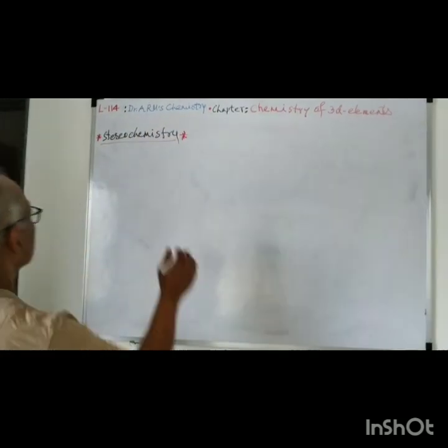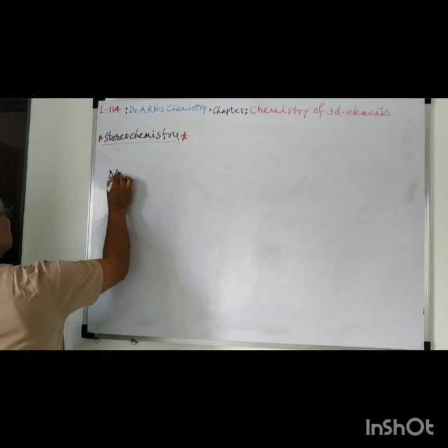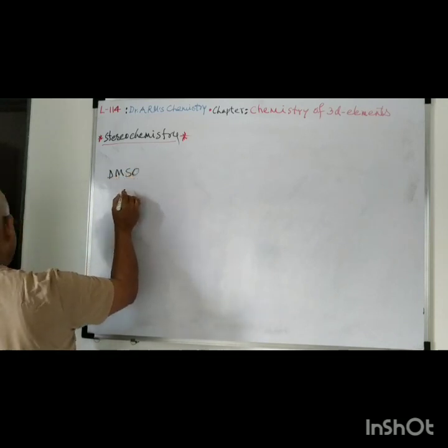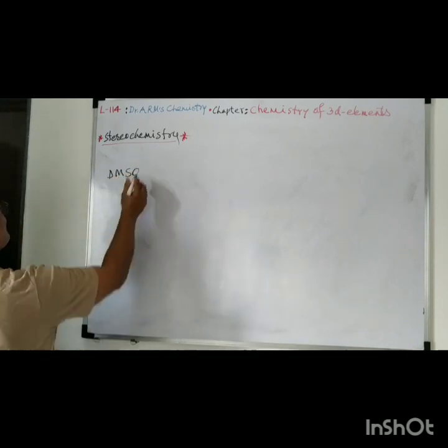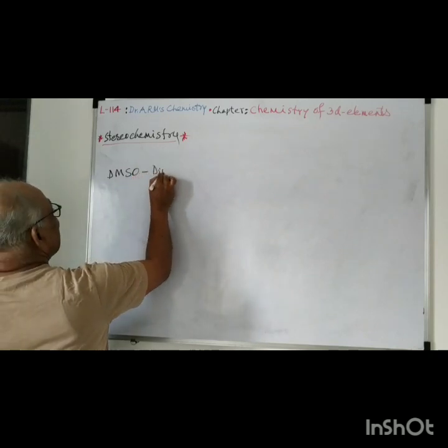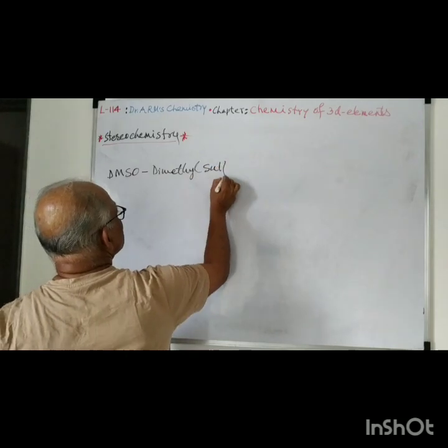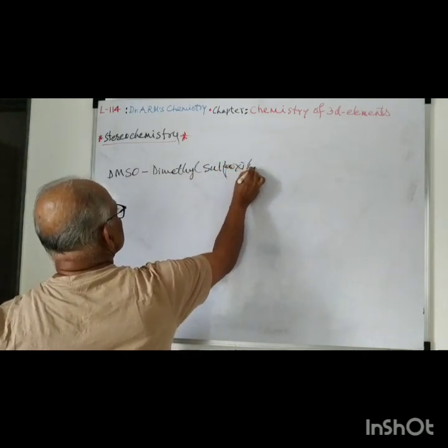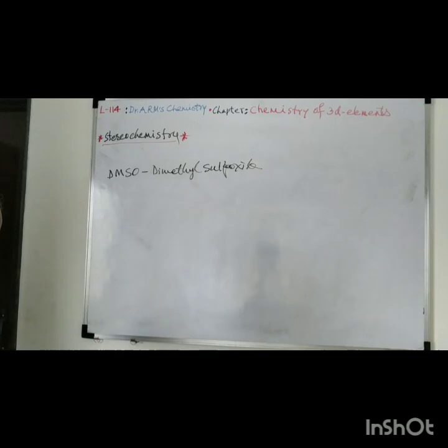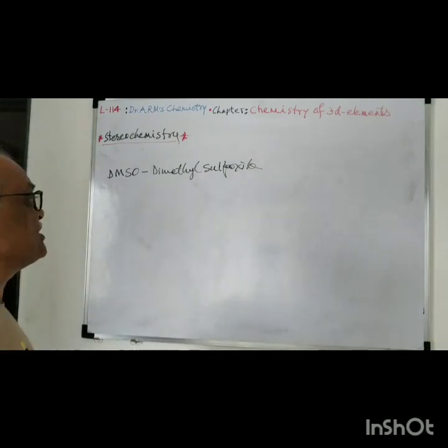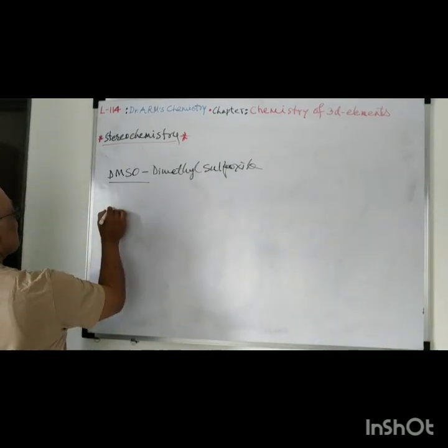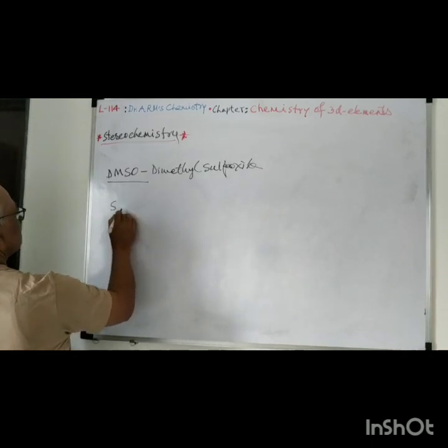So if we consider DMSO, dimethyl sulfoxide, it can coordinate using sulfur and oxygen.